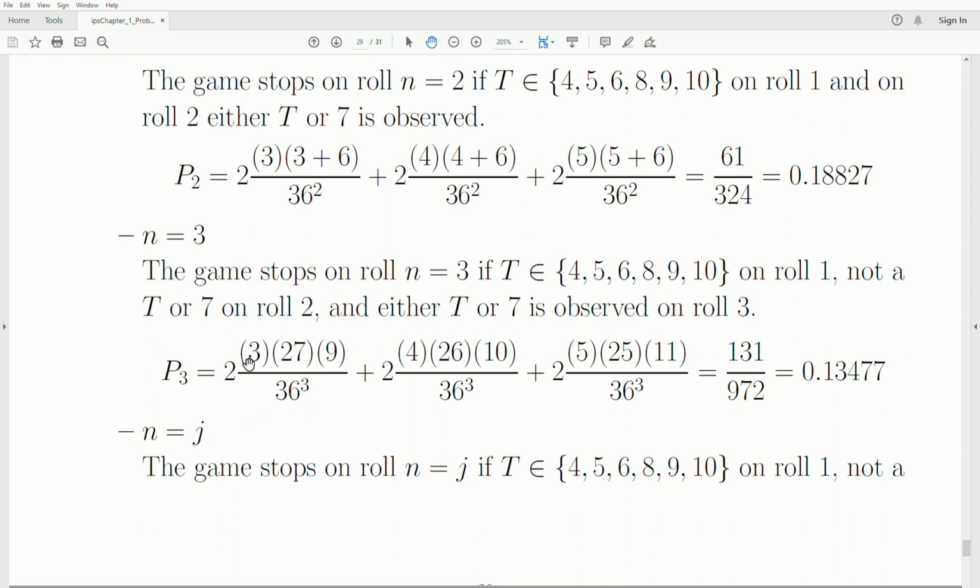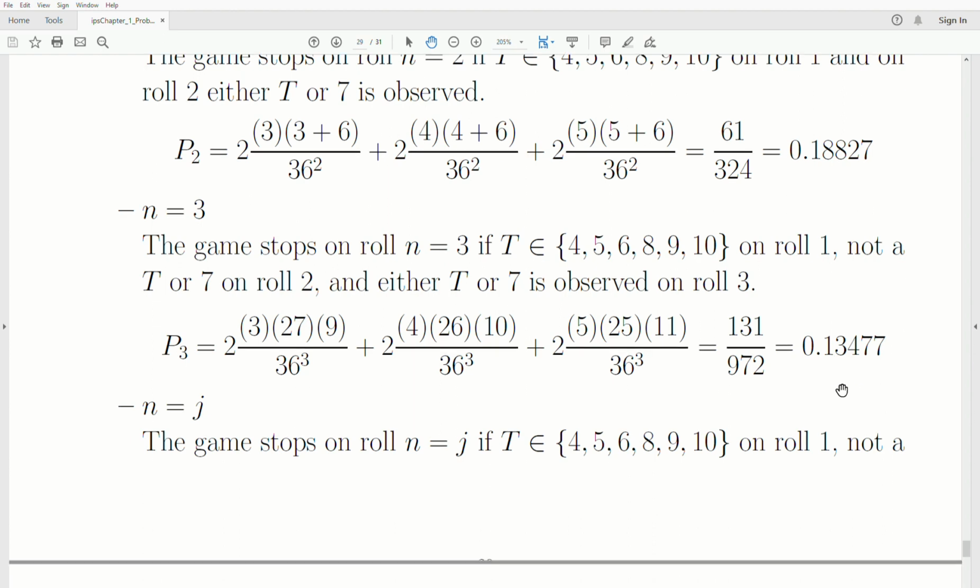The probability we roll a 4 is 3 over 36. The probability that we do not roll a 4 or a 7 on roll 2 is 27 out of 36. And then the probability that we roll a 4 or a 7 on the third roll is 9 over 36. And then you can do this for 5 and 6. These are the calculations, and there's a 13% chance that we stop on roll 3.